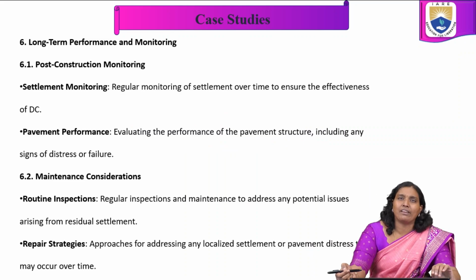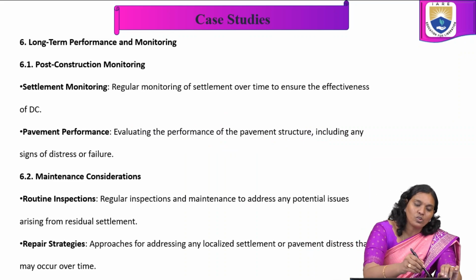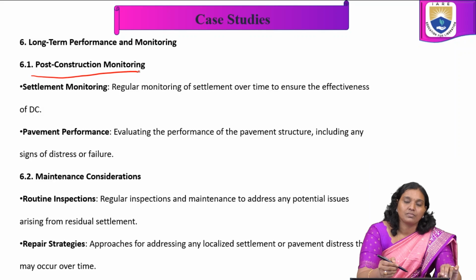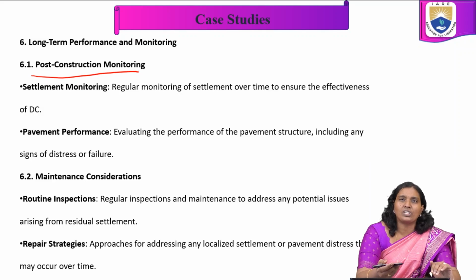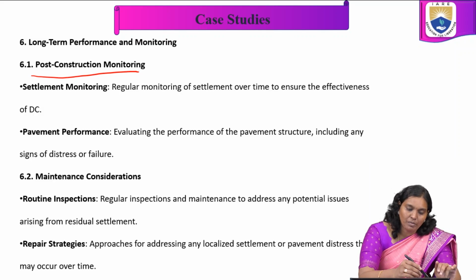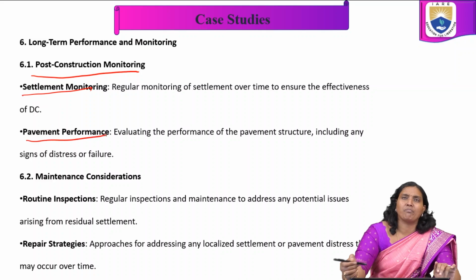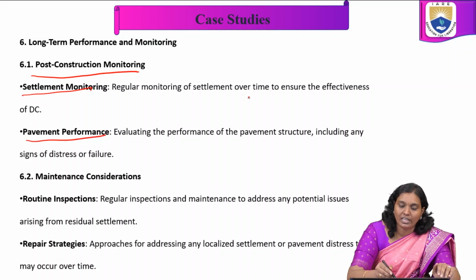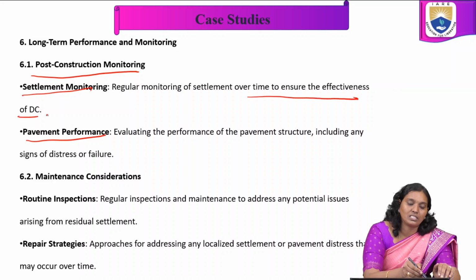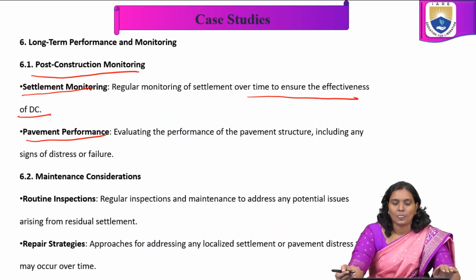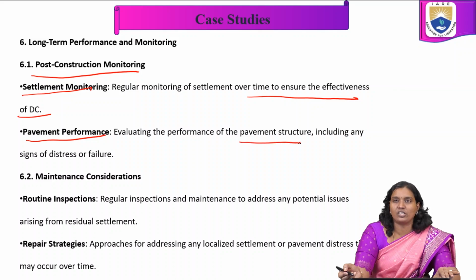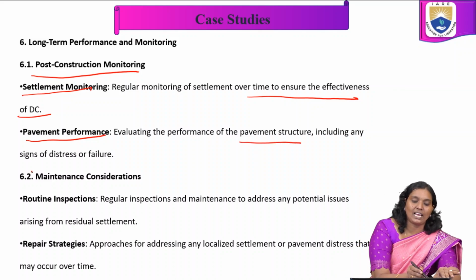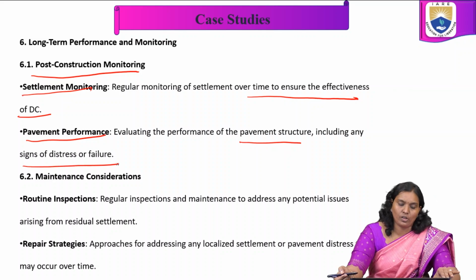In long-term performance and monitoring, there is post-construction monitoring: settlement monitoring and pavement performance. Regular monitoring of settlement over time ensures the effectiveness of dynamic compaction, and we also evaluate the performance of the pavement structure, including any signs of distress or failure.